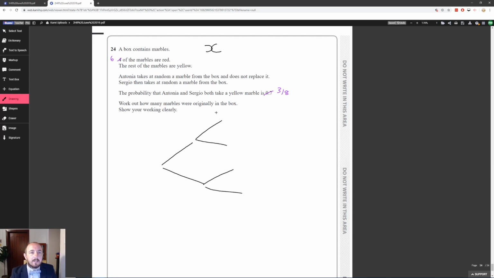So if we make x the total, then 6 are red, x minus 6 are the yellows. Okay, so if we go red, red, yellow, yellow, red, yellow, then the probability that both of them take a yellow marble, so we're going yellow, yellow, is 3/8.